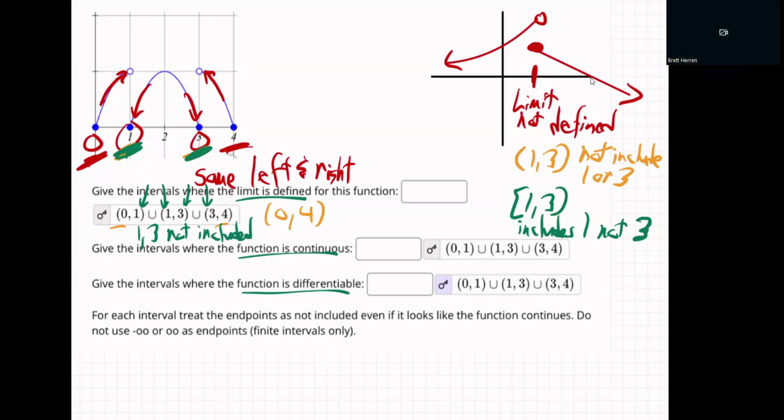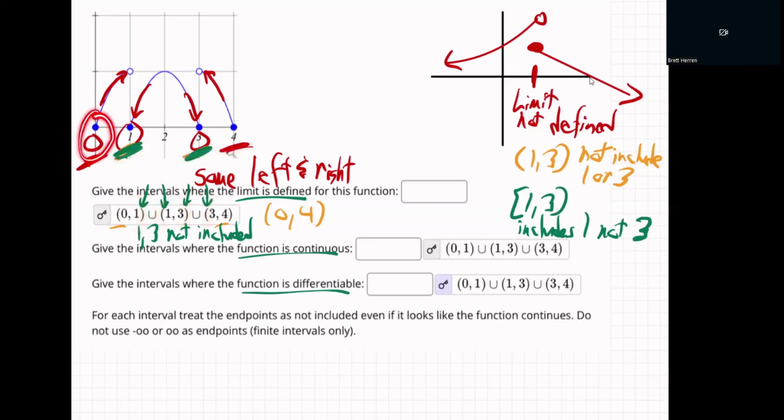So the 1 and the 3 are not actually in any of those intervals. So this does go everywhere from 0 to 4, yes, but it specifically doesn't include 1 and doesn't include 3, which is what they're saying. Everything from 0 to 4, not including 1, not including 3.